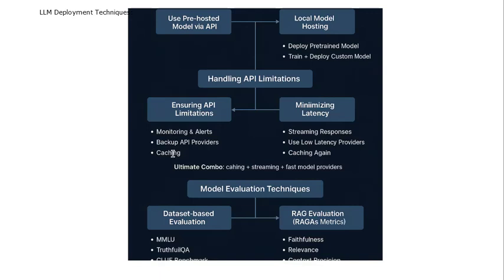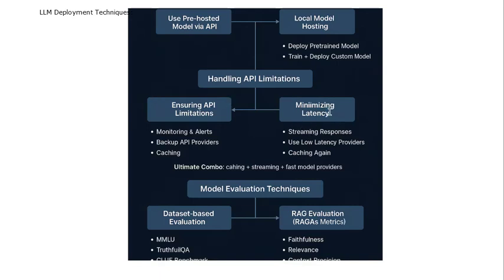So for that you can implement this caching. If you implement this caching, then obviously end users will get low latency responses. For minimizing the latency, we also have other approaches, like the streaming option. Whenever a token is generated, token by token, our LLM will generate the response. During generation of that token by token, you can directly stream that response back to your client.